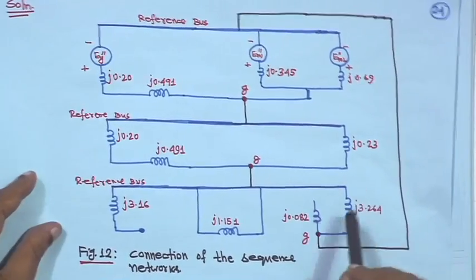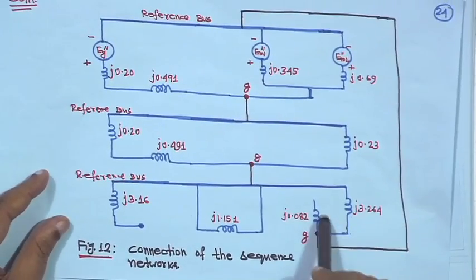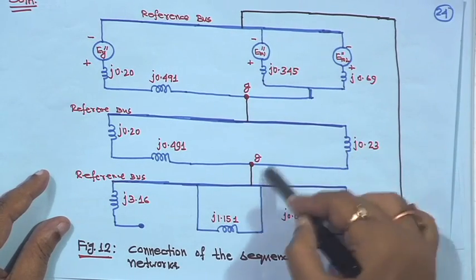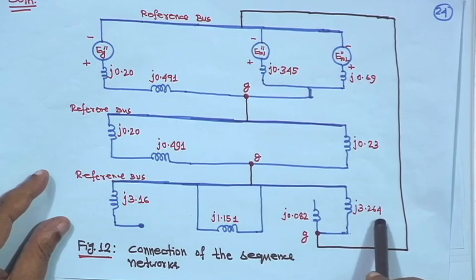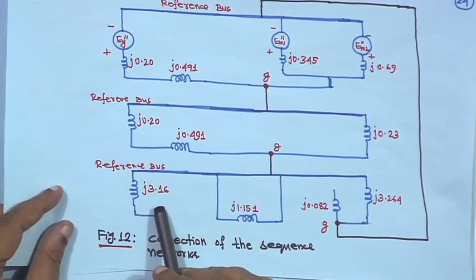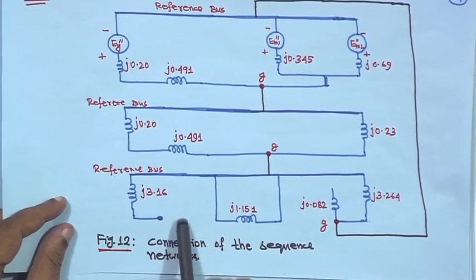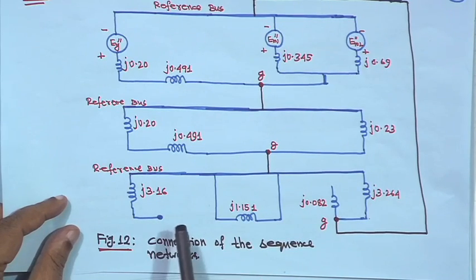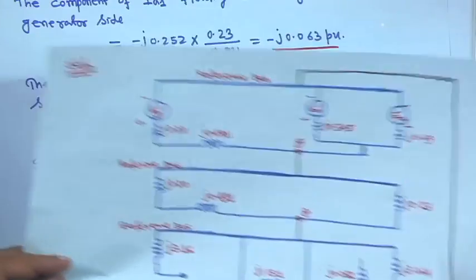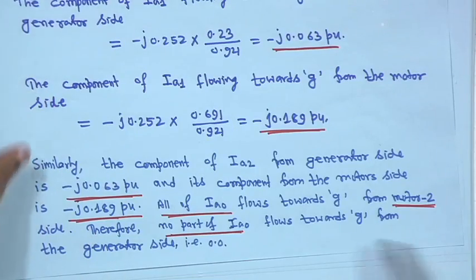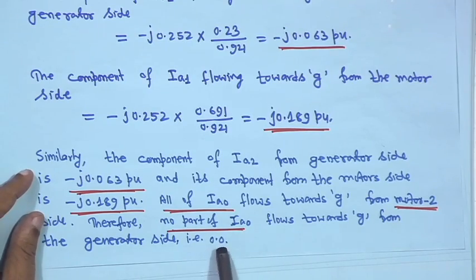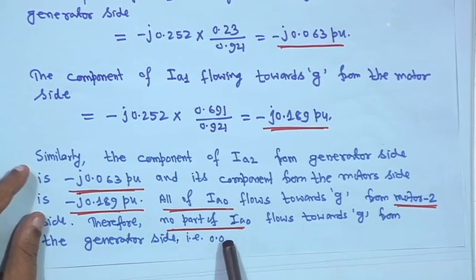If you look at the diagram, this is the 0 sequence network, and finally it is J 3.260. But on the generator side, there is an isolation. So, no 0 sequence current can flow from the generator side. That means no part of I A 0 flows towards G from the generator side, that is 0.